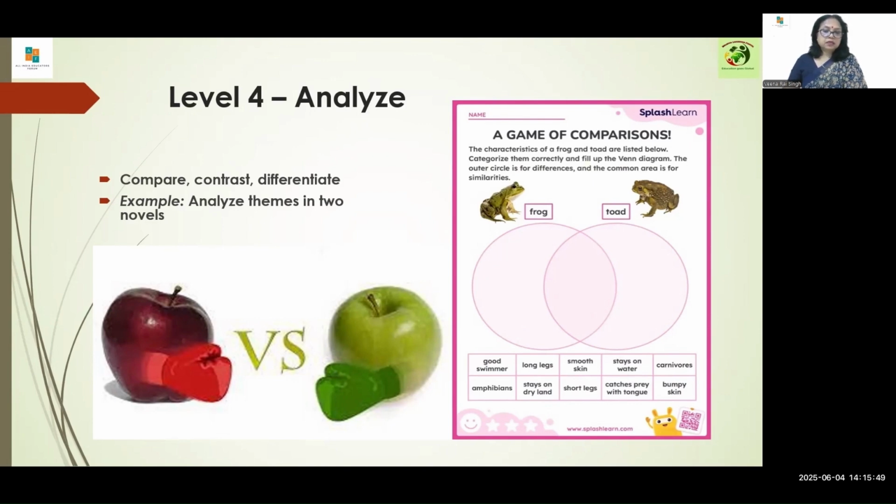So the child is trying to take up the differences. Or the child is going to tell the features of a frog and a toad, and then write them in a table. It can be written and then they can discuss it.